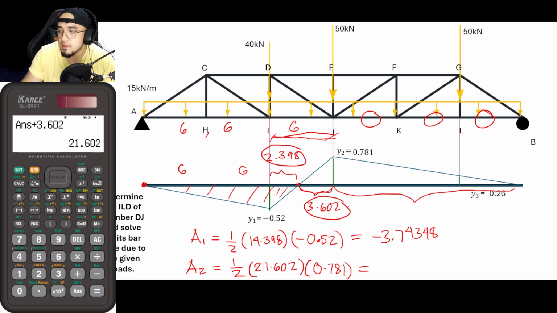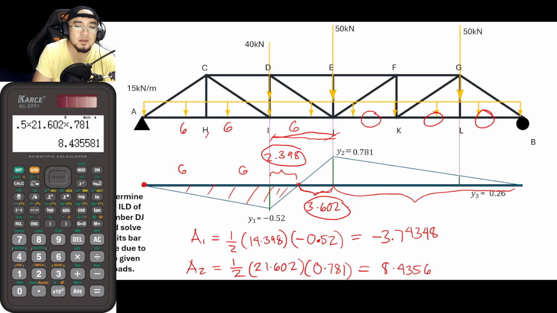So again, 1/2 times 21.602 times 0.781. The answer here is 8.4356.